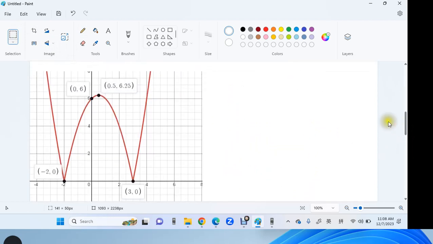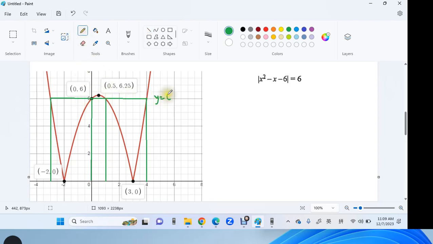If we want to solve it graphically, then we can see that when y equals 6, it will have something here: 4, -3, and then 0 and 1. So we have 4 answers here.